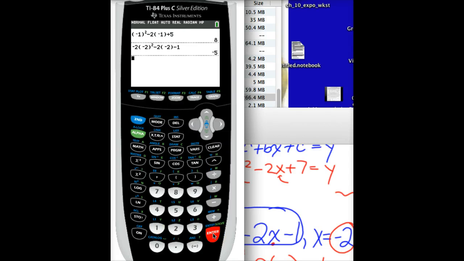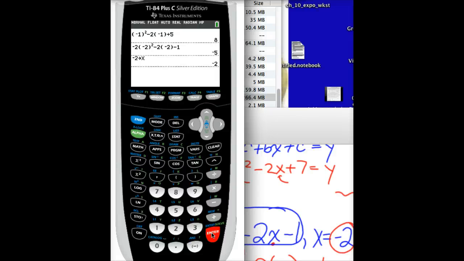Now here's another cool thing, and that's exactly what we got. If you prefer, and if you're kind of good at calculators, what some people will do is go like this. My x value is negative 2. I'm going to take negative 2 and store it in x. Now I can enter it truly as the original problem looked, and my calculator will take care of putting it in parentheses and rules of order.